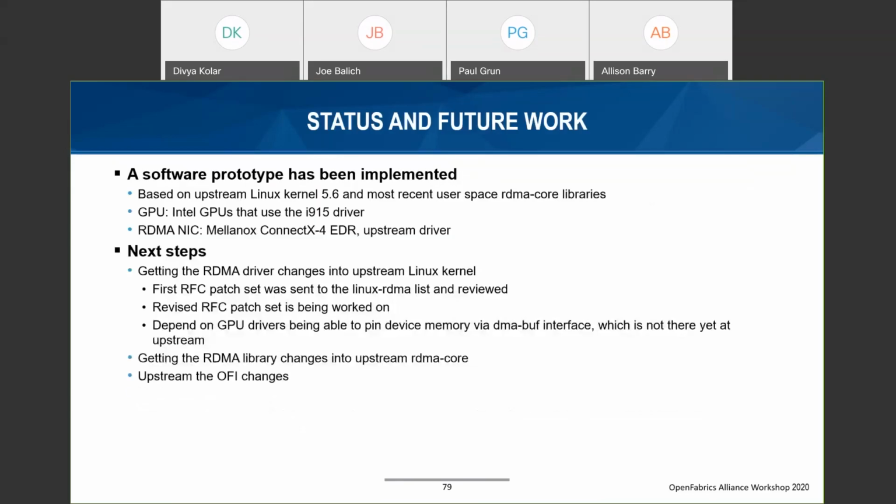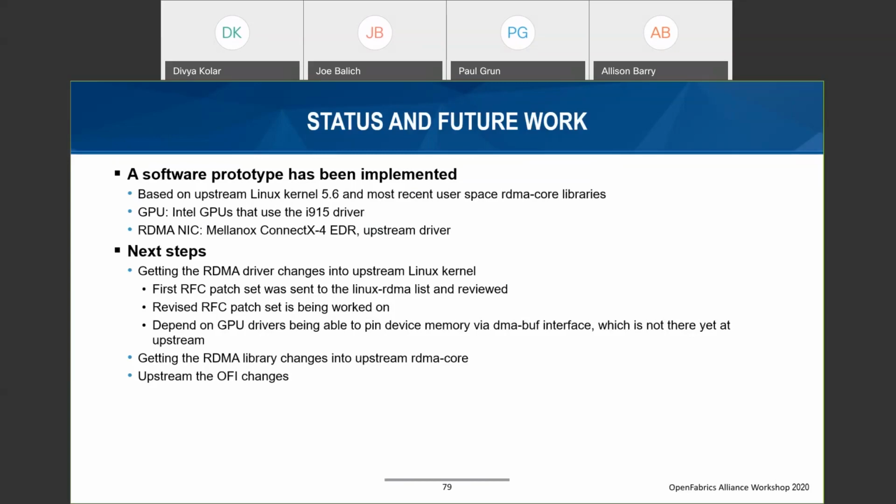Right now, we have already implemented a software prototype to support all the things discussed previously. This is based on the upstream Linux kernel 5.6 and the most recent user space RDMA core library. We use Intel GPUs that use the i915 driver.